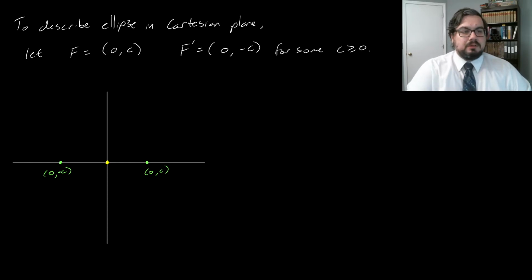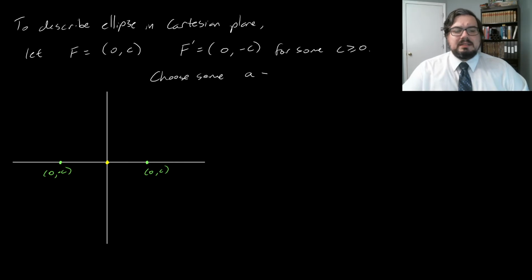Now we will choose some number a, and we want this number a to be greater than c. Now the reason for that is that we want our ellipse to actually have the shape that we want. Notice that we're going to be looking for all the points where the sum of the distances to the two foci is equal to 2a.